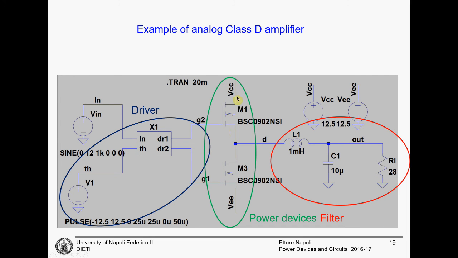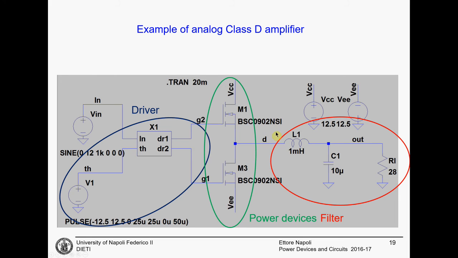These are two N MOSFETs, and their behavior is the following. One is on when the other one is off, and vice versa. As a consequence, on the D output we will have a number of pulses, long and short pulses.